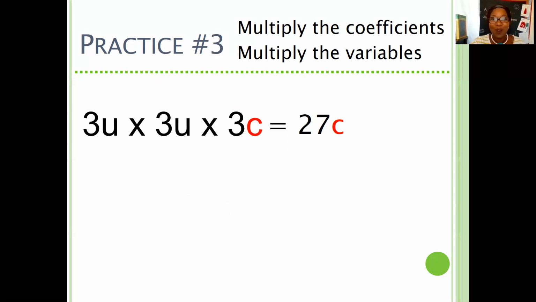All right, one more thing. What will be our next set of variables? U times u, u squared. So our final answer, 27 C u squared.